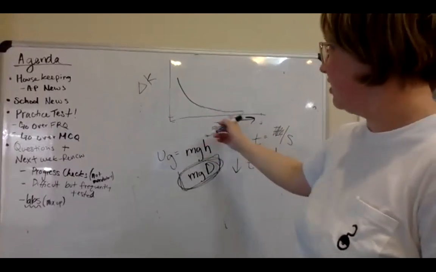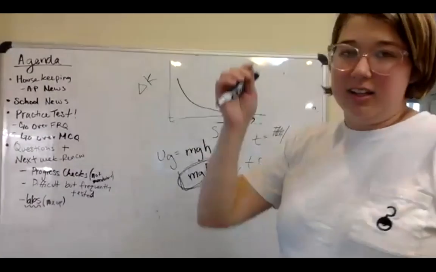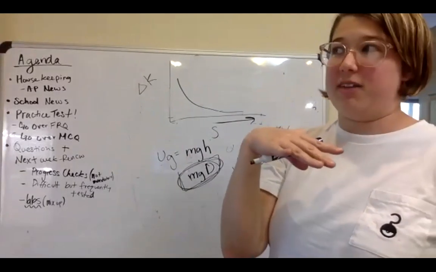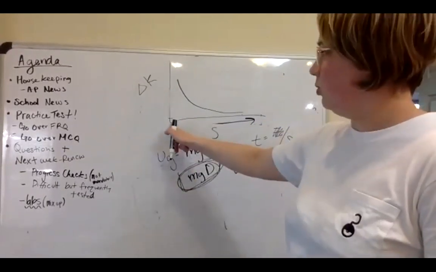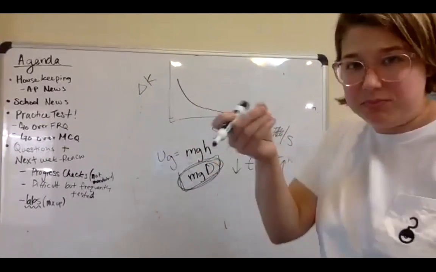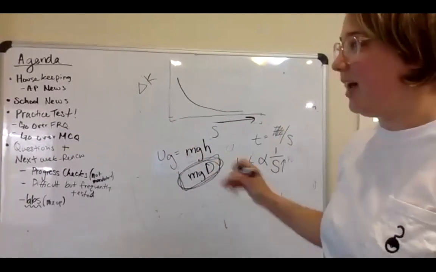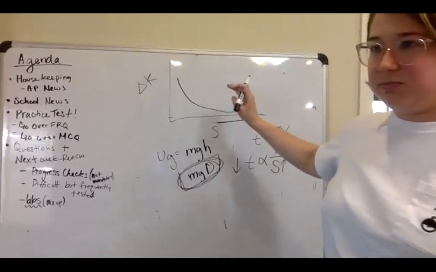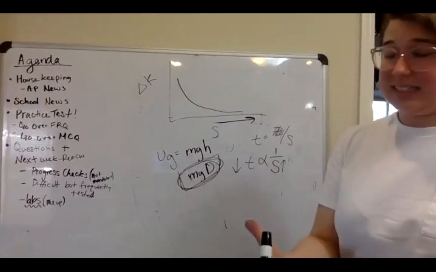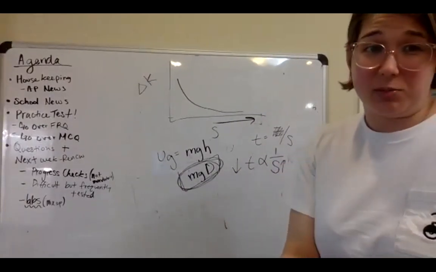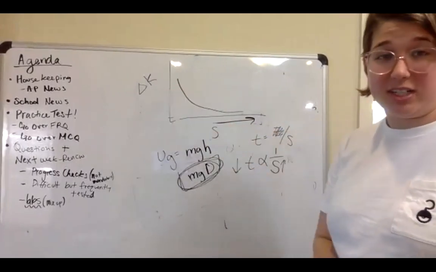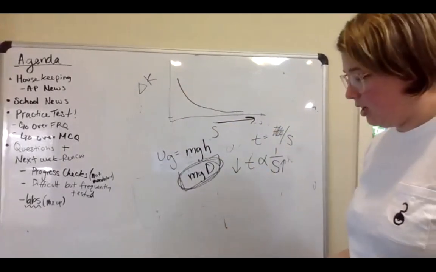So basically, if it drops and speeds up, we're going to have a high change in kinetic energy. The only time it speeds up is when our viscosity is low, so it's a very thin oil. As our oil gets thicker, our object is probably still going to fall, but it's really not going to speed up. So we're not going to get much change in kinetic energy because it's not speeding up.